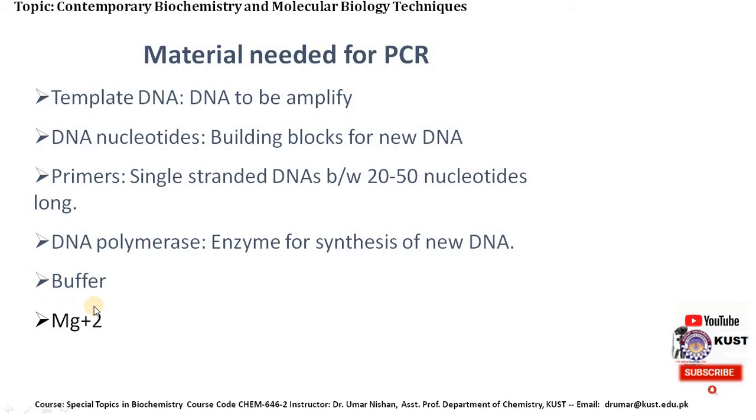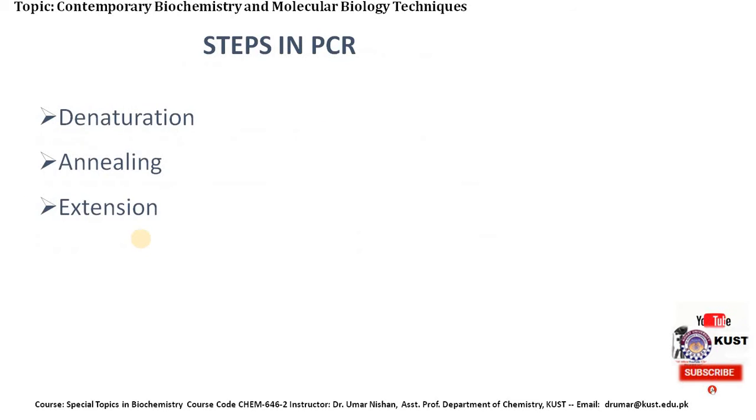Then a very important factor is buffers, which provide an environment for conducting this type of reaction. And magnesium ion is important as a cofactor for the proper functioning of the enzyme system. So there are three major steps in the process of PCR. One of those important steps is denaturation.